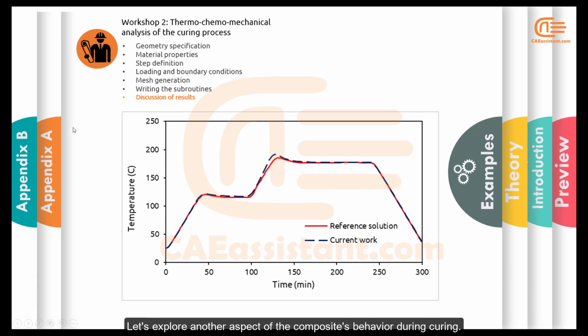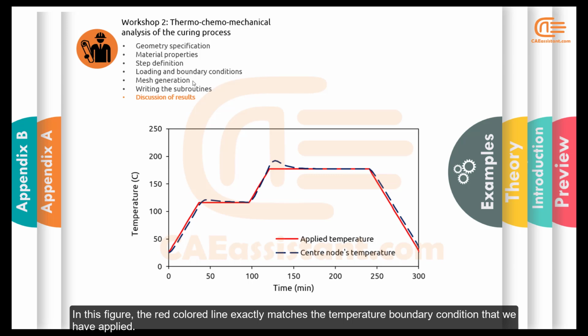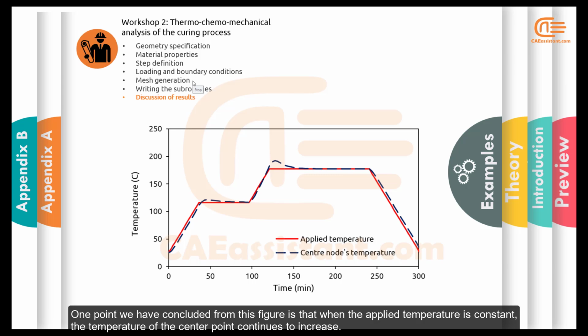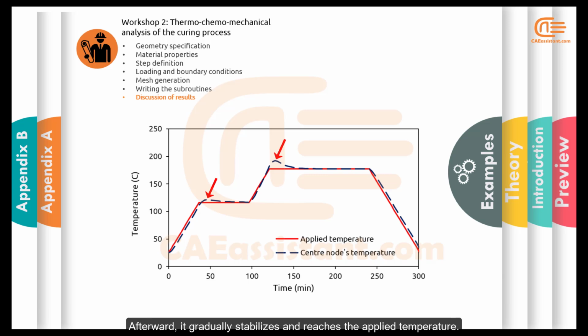Let's explore another aspect of the composite's behavior during curing. In this figure, the red-colored line exactly matches the temperature boundary condition that we have applied. One point we have concluded from this figure is that when the applied temperature is constant, the temperature of the center point continues to increase.